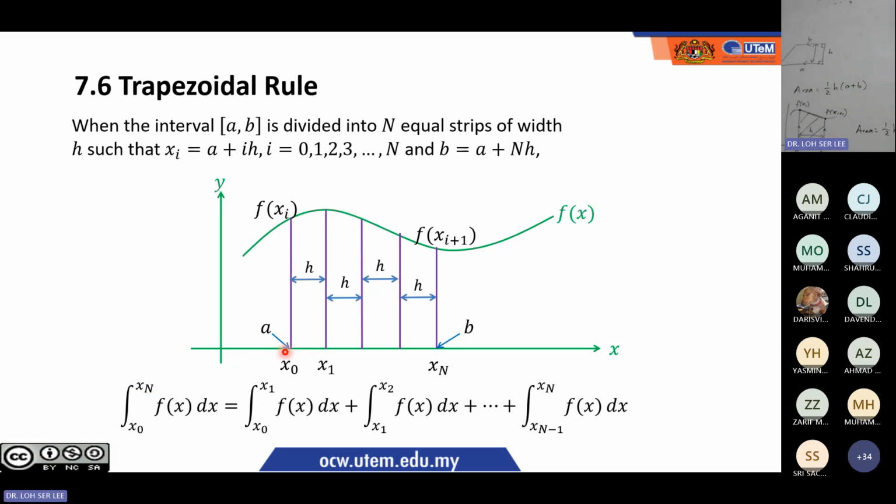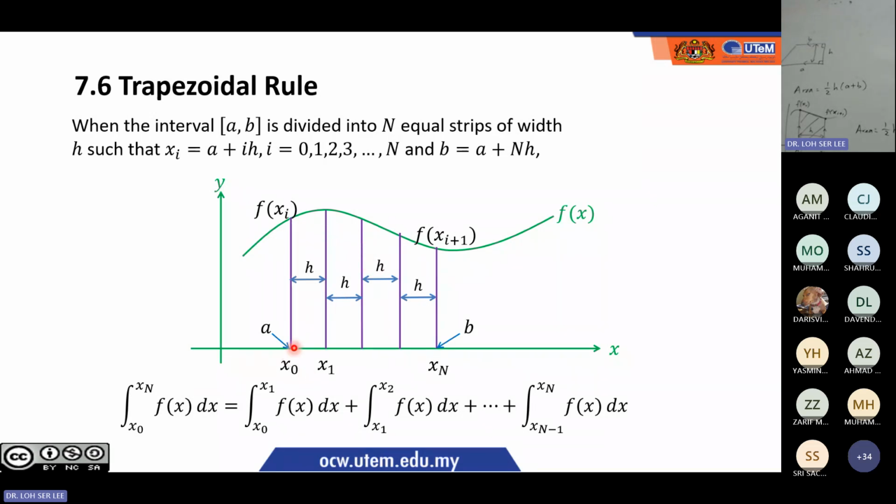So let's say we have x0 up to xn. We are integrating from x0 up to xn for this f(x). So we will break this into a number of subintervals: x0, x1, x2, x3, up to the last one, xn. That means we will estimate this part using one trapezium, this part using another trapezium, and this is a third trapezium.